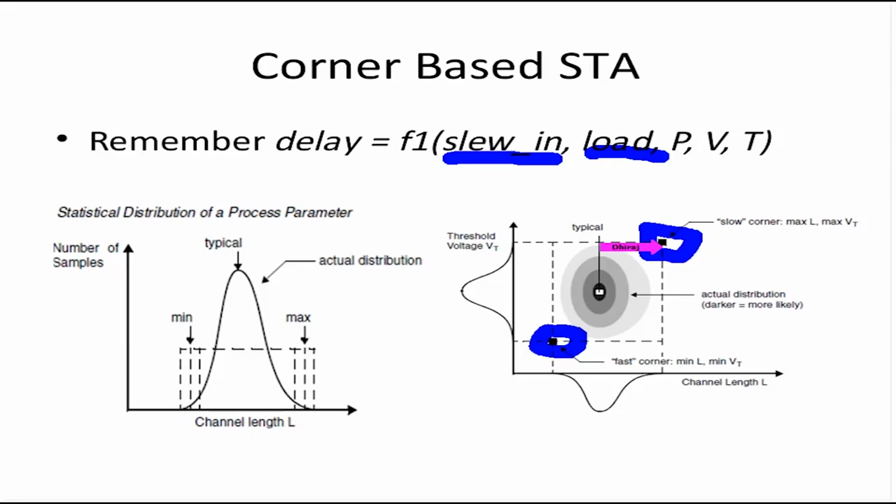So by doing corner based STA, although we are pessimistic, we are at least ensured that the customer does not send back our defective chips. That's the idea. So if we want to manufacture a processor which meets 1 gigahertz, we have to make sure that it meets 1 gigahertz at the slow corner.